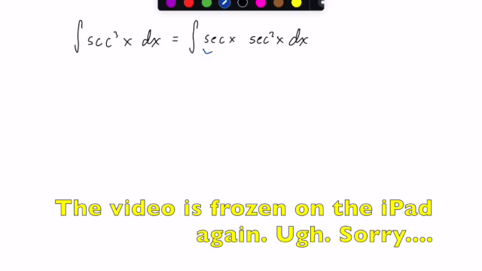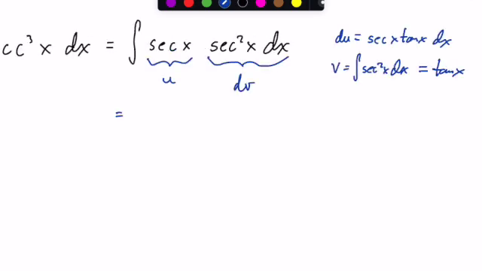If secant squared x dx is our dv, then v is the integral of secant squared x dx, which means v is tangent of x.